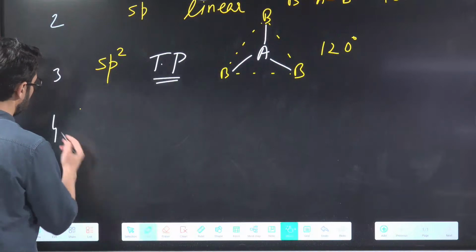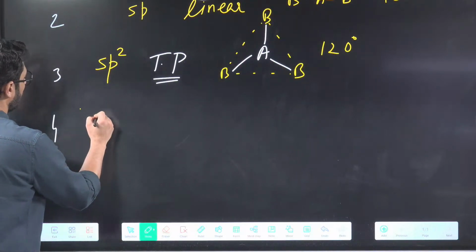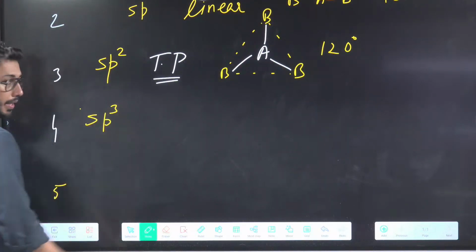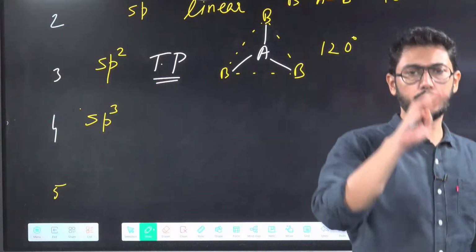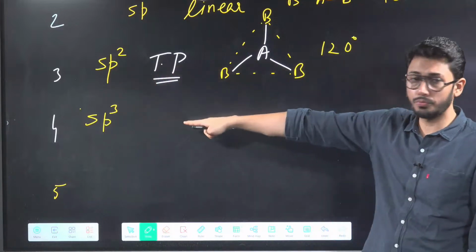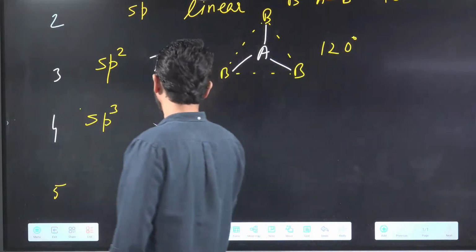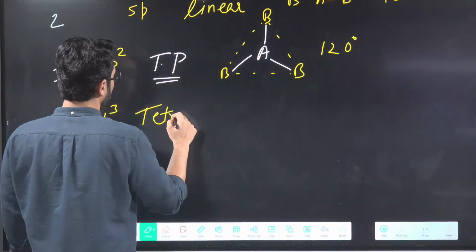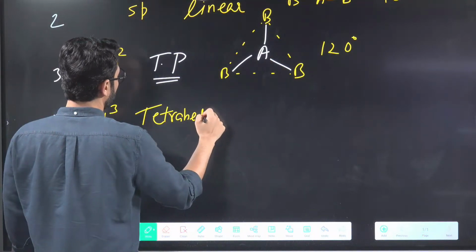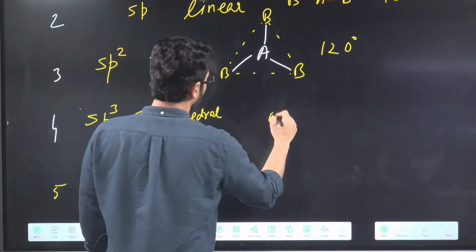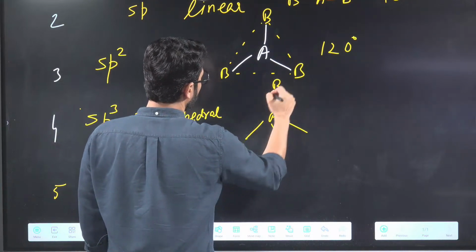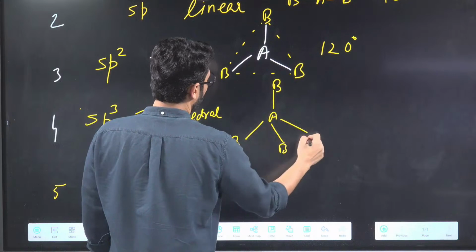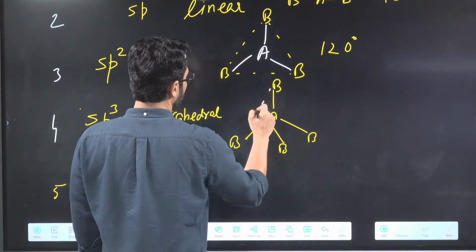Similarly, steric number 4, sp3 hybridized. How many orbitals? 4 orbitals, 1s and 3p, which sum to 4. Tetrahedral. sp3 is tetrahedral. The structure will be like this: central atom A, attached atoms B, and the bond angle each.